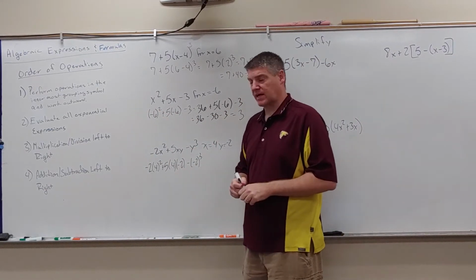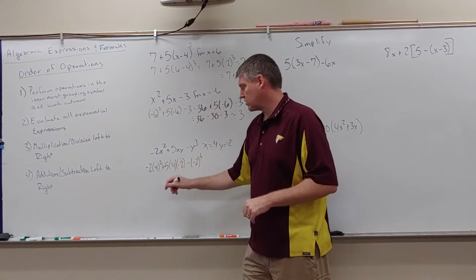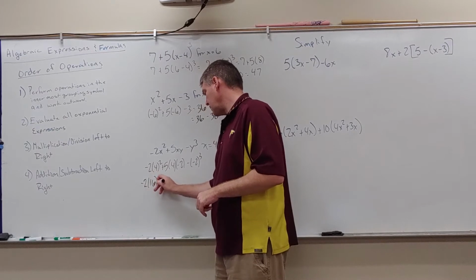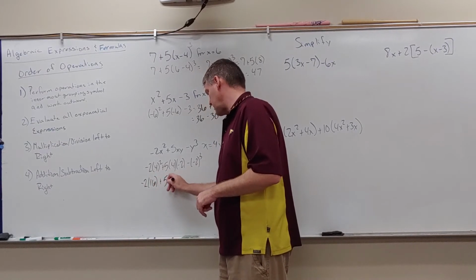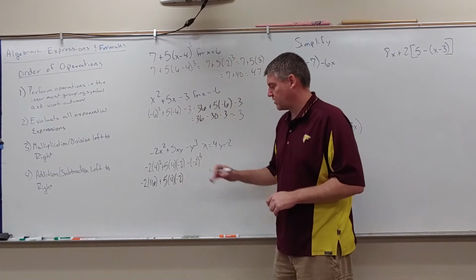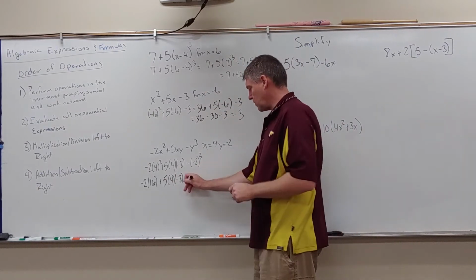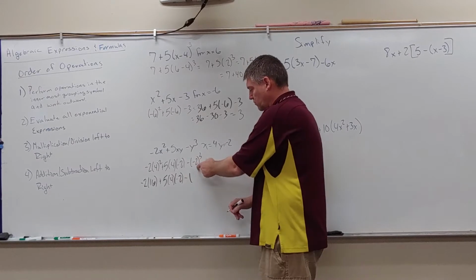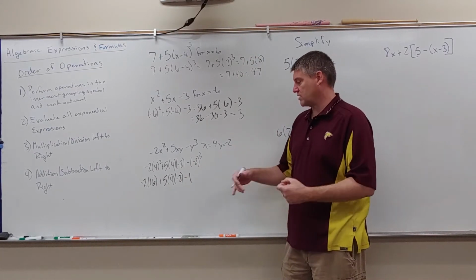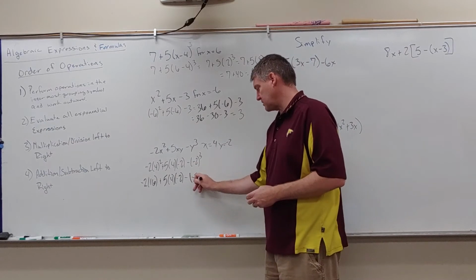So I'm going to work with my exponents. So I have 4 squared. Well, 4 squared is 16. Okay, plus 5 times 4 times -2. Those are multiplications. So I'm going to go over here and do my other exponent. So I have (-2) cubed. Well, -2 times -2 is positive 4. Positive 4 times -2 is -8.